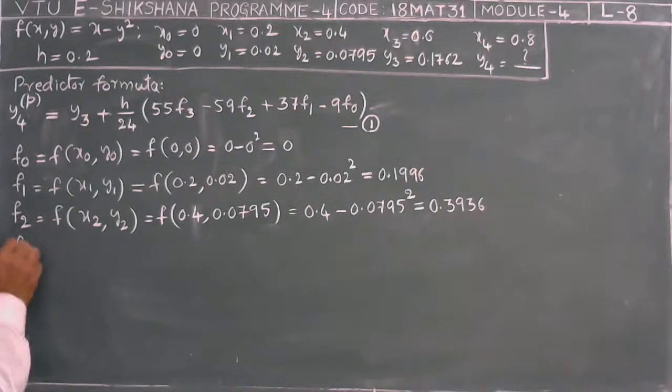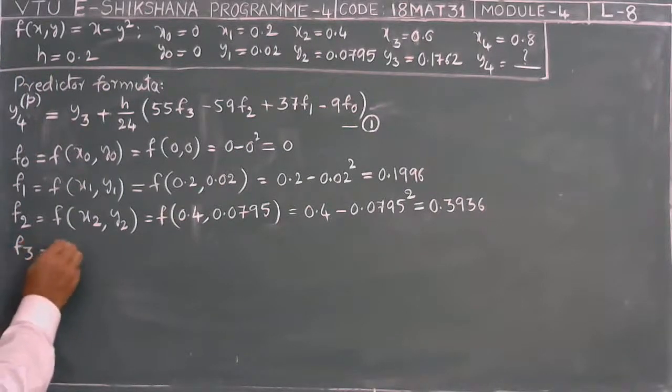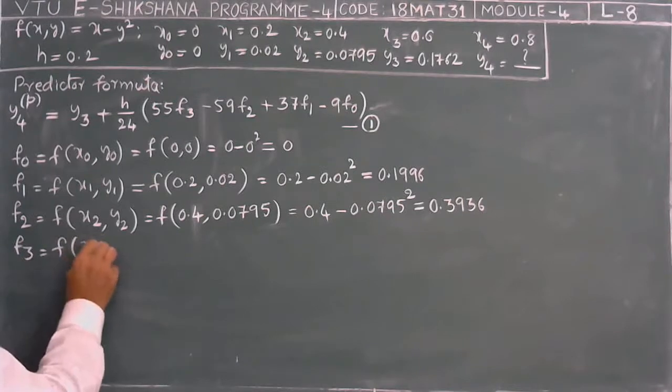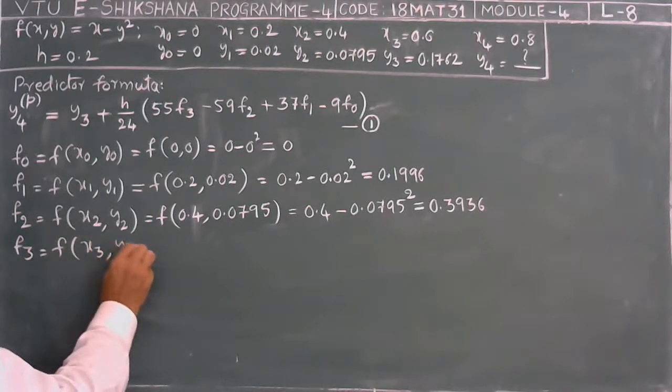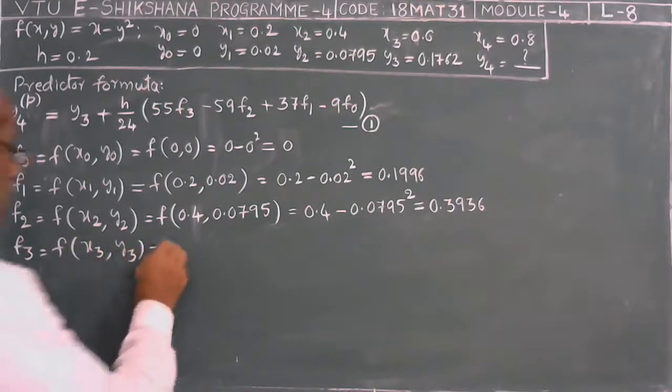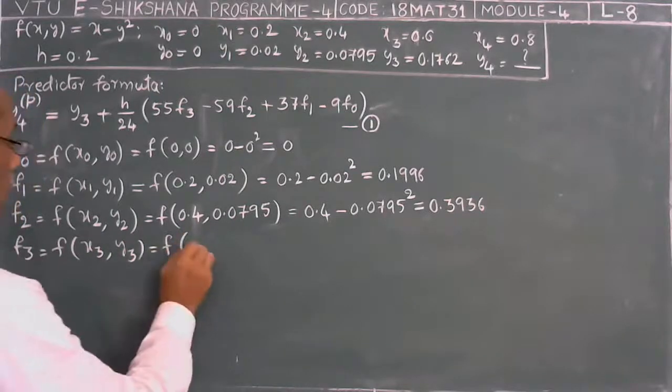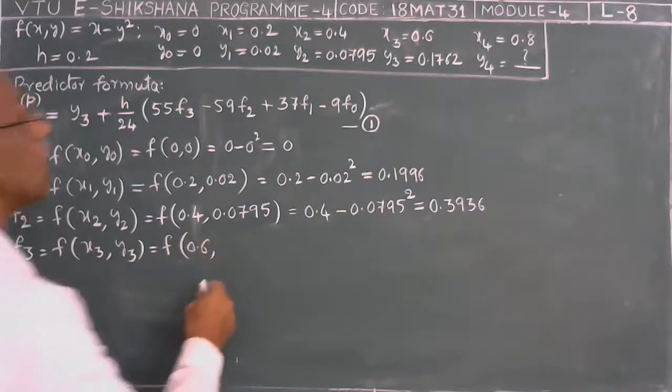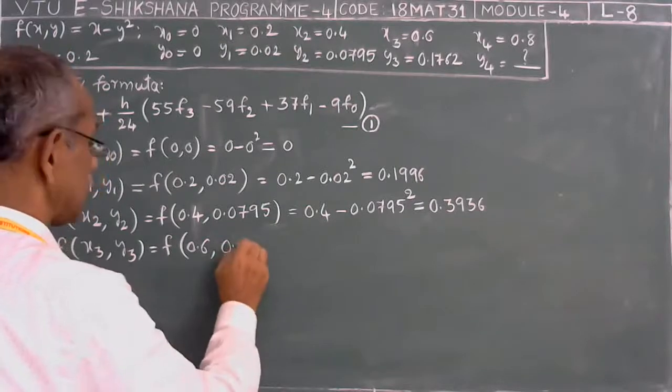0.3936. Then lastly, F3. F3 is f of x3 comma y3. So this is f of 0.6 comma 0.1762.